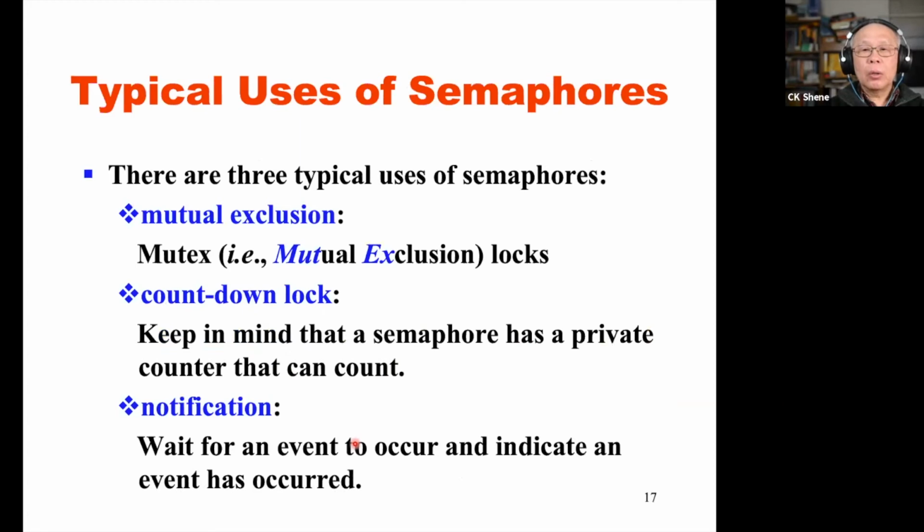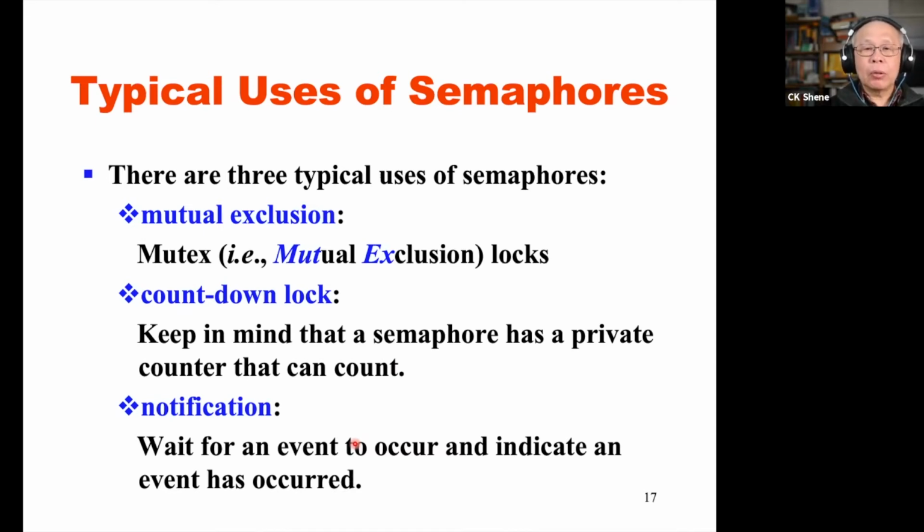So now we know the concept of semaphores, but how do we use them? Actually, the use of semaphore is very easy. I said easy, but to use it efficiently and effectively, that is a different matter.